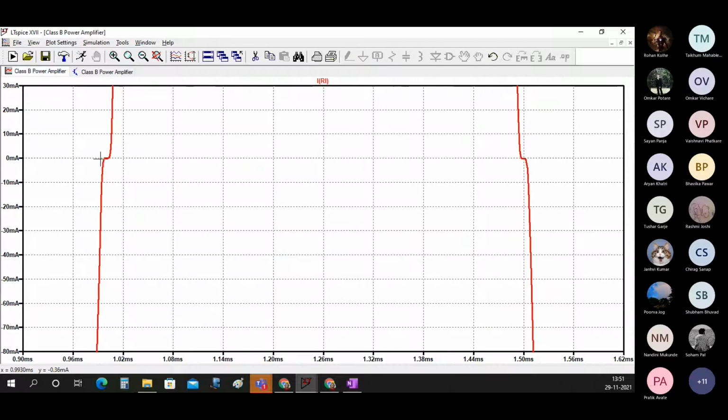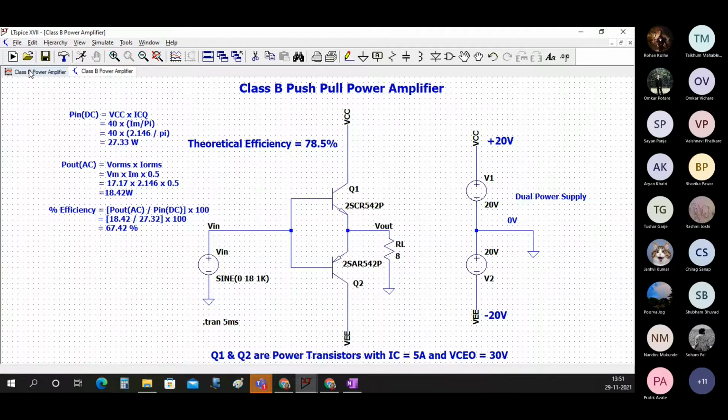So that is the reason why you get this flat line here, you get 0 amperes when it is trying to cross. Similar is the case for the lower transistor also. So this 0.7 volts business can be handled using either diodes, or you can use another class of amplifiers which is called a class AB amplifier.